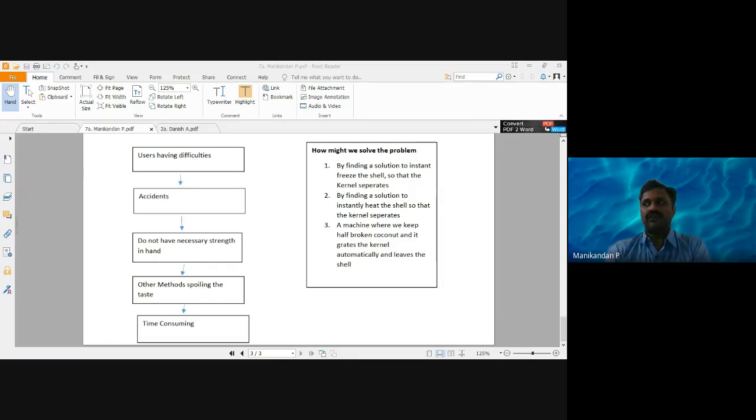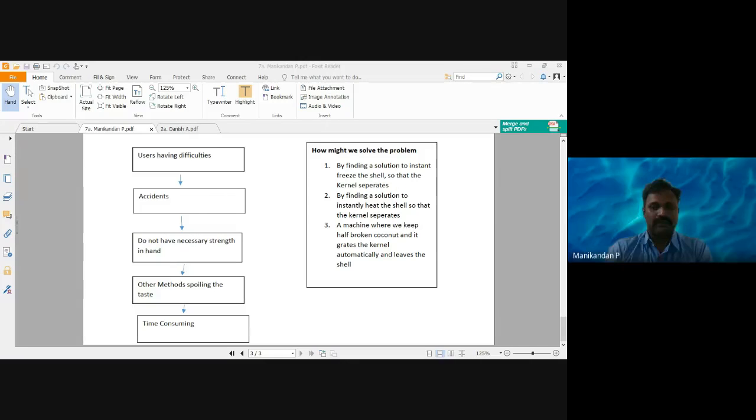But I found out one more thing. If you freeze the coconut, chop it into smaller pieces, freeze it, then blend it in a mixer grinder, it gives that floury texture. So I see a lot of relationship. The solution is moving towards freezing the coconut.